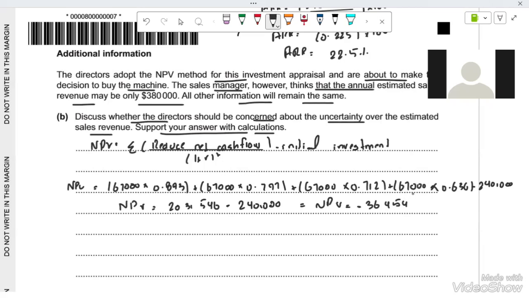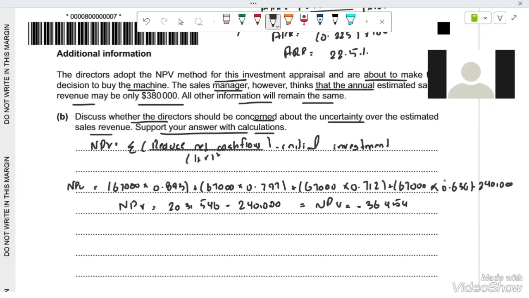Now the interpretation of the NPV result: the original NPV was positive, 24,306, meaning the investment was viable. The new NPV is negative, minus 36,454, meaning the product will result in a financial loss. A negative NPV indicates that the product should not be undertaken under these new sales revenue assumptions.